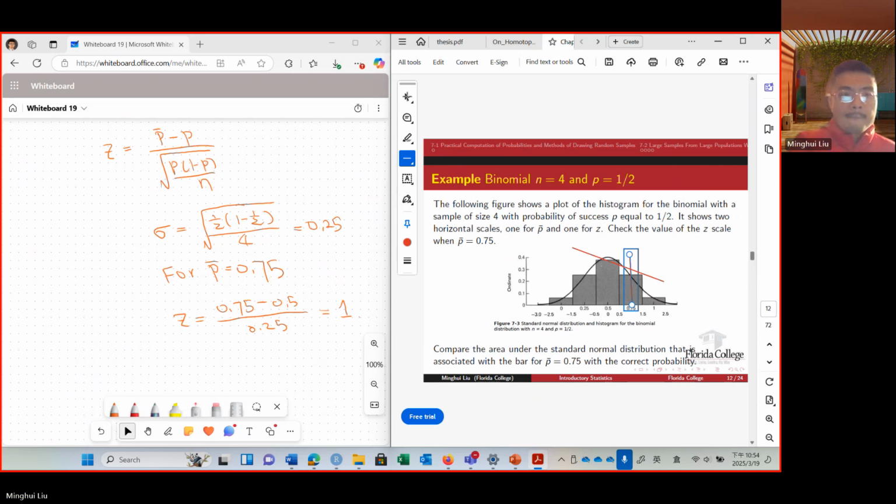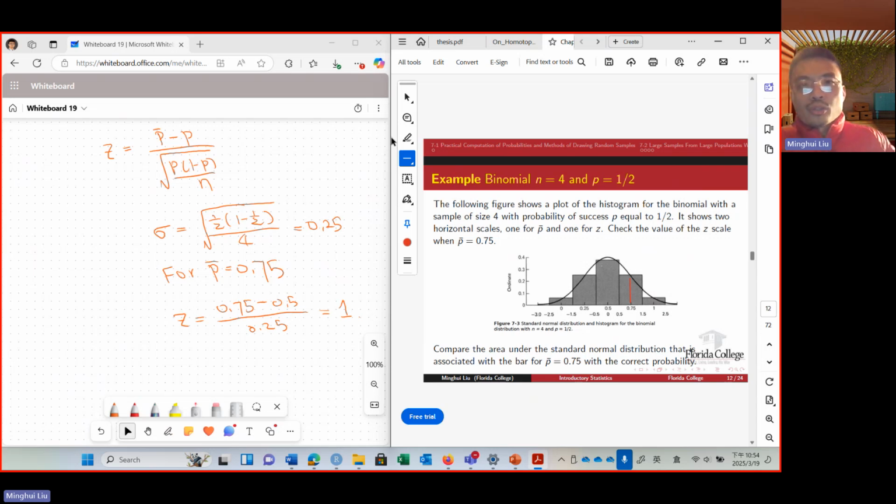Oops, I don't mean to do that. Let me cancel this line. Okay, I just mean to draw a horizontal and vertical line. So at the p bar value equals 0.75, that corresponds to z equals 1.